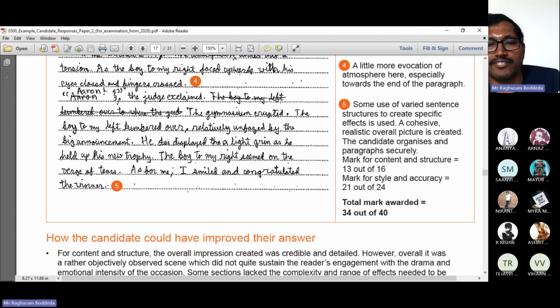So you just understand this paragraph. In the previous paragraph he mentioned the boy to my right, and this one talks about the boy to my left, because the question is about the contestants before and after, and you mentioned I and the other two contestants.